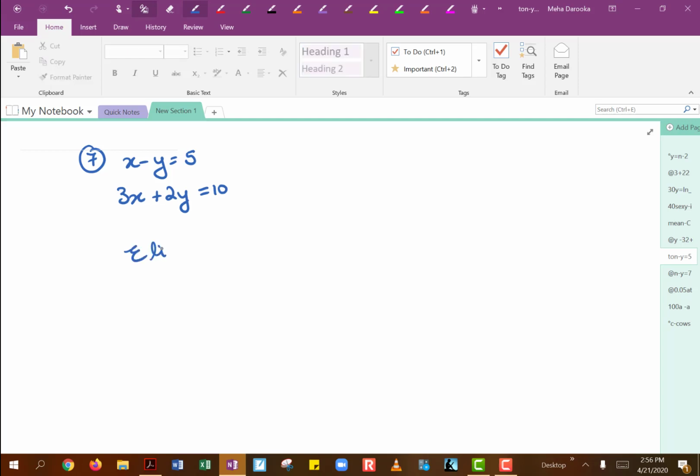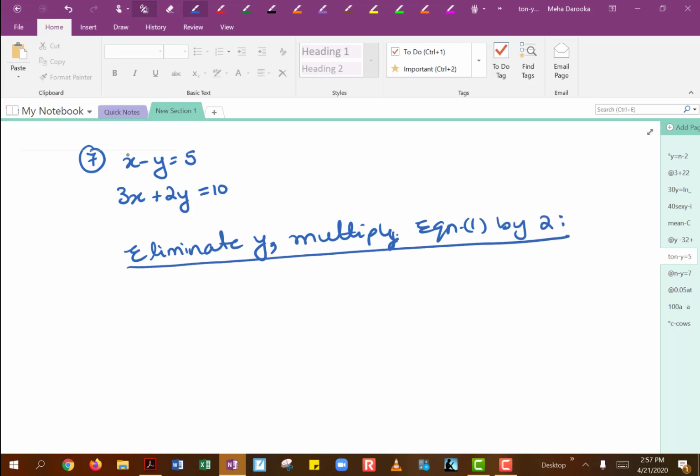To eliminate the y variable, we are going to need to multiply our first equation by 2. The reason we multiply the first equation by 2 is so that we can get negative 2y for the y term, and then with the positive 2y, they will cancel each other out. So we're trying to create a negative 2y on that first equation.